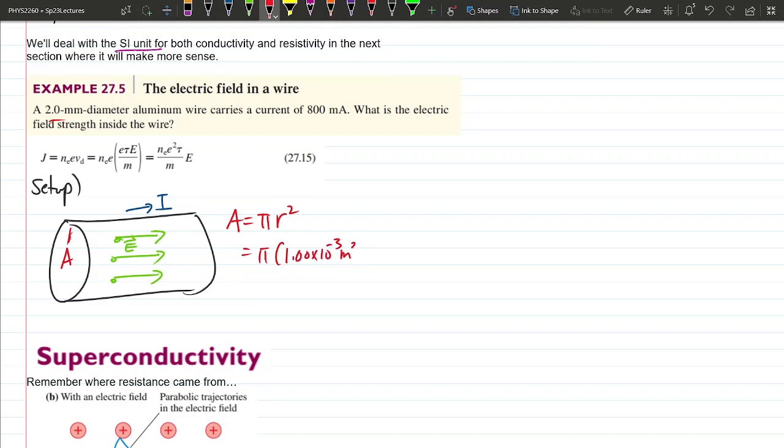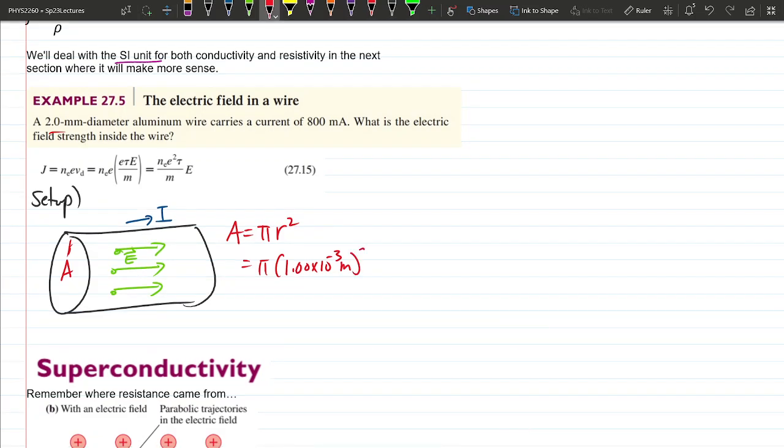I'm going to do everything in meters, because those are the SI units we're going to have to deal with eventually. If we calculate that, we get 3.14 times 10 to the negative 6 meters squared. All right, so far so good.